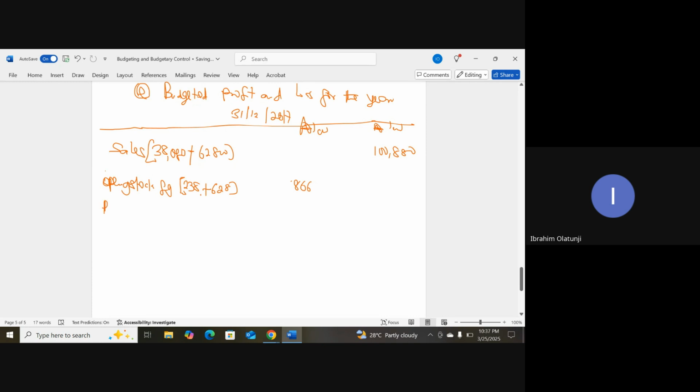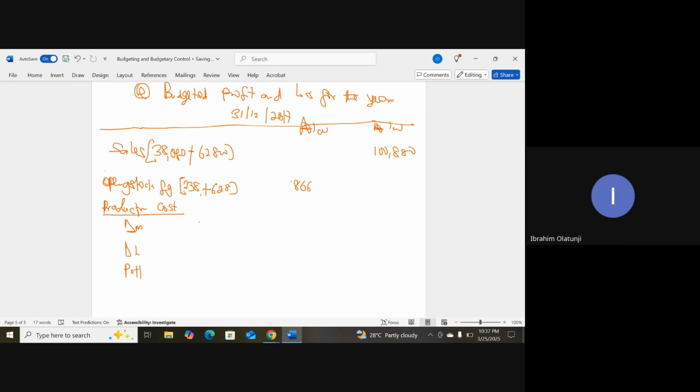So instead we say production costs. So these production costs are what? Direct materials, direct labor, and production overhead.